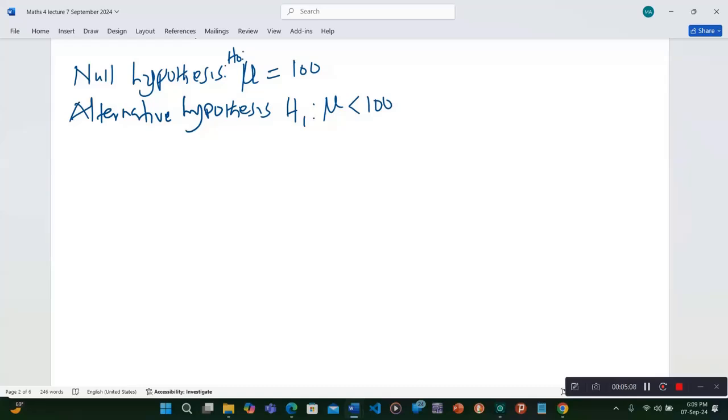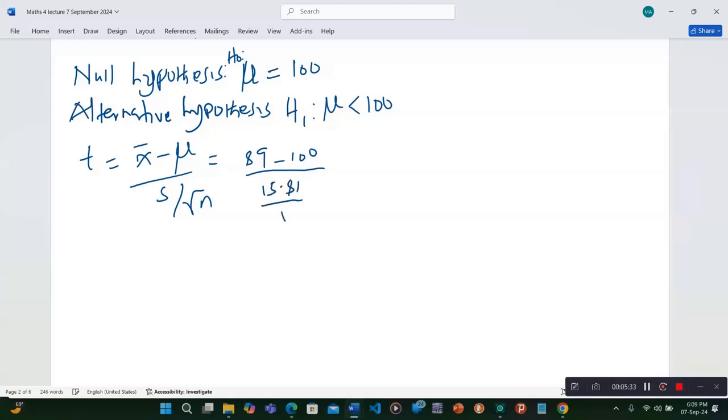So since we are using a t-statistic, let us calculate our t-statistic. This is going to be x bar minus mu divided by s divided by root n. And this is going to be the sample mean, which has been calculated as 89, minus 100, divided by s, which is the standard deviation of the sample, 15.81, divided by root of n, which is 5.